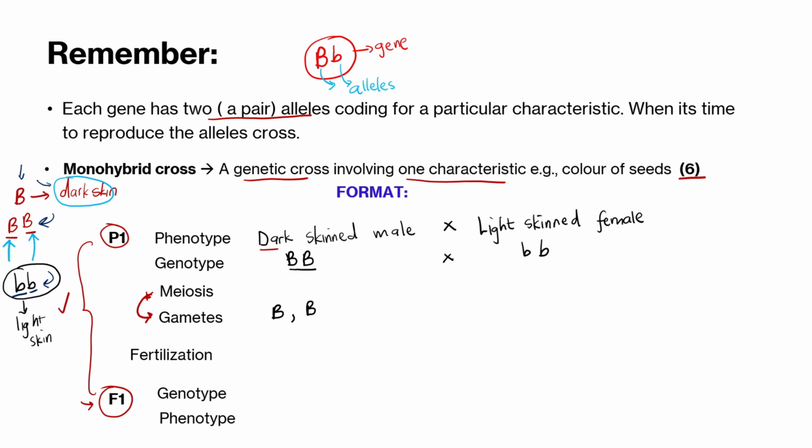When the chromosomes separated, the alleles also separated because the alleles are found on the chromosomes. That's why the gametes here would be B, comma B. That comma signifies that meiosis has taken place, and each gamete has an allele B.